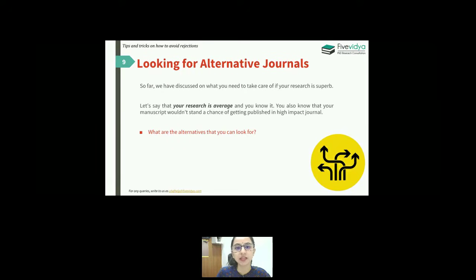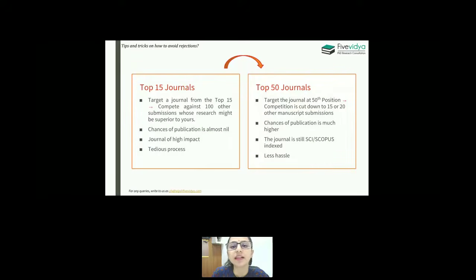An alternative we can do is, rather than focusing on the top 15 journals, we can focus on the top 50 journals. The top 15 will give you high competition, and if you focus on the top 50, there will be less hassle. The journal will still be an SCI or Scopus journal.